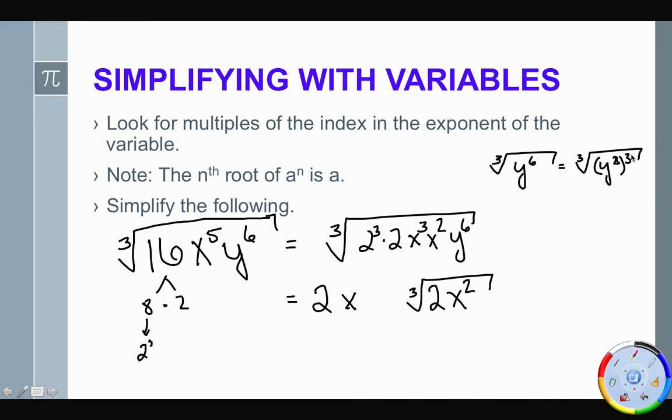Because the cube root and the cube cancel, this becomes y to the 2nd. And you notice that 6 divided by 3 is 2. So this becomes y squared. That would be our final answer for this particular problem.